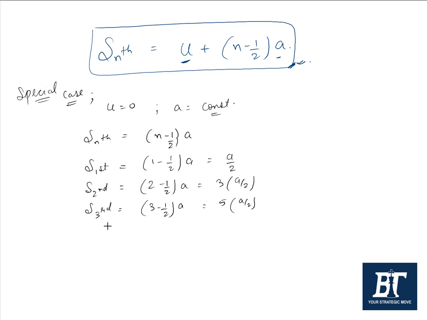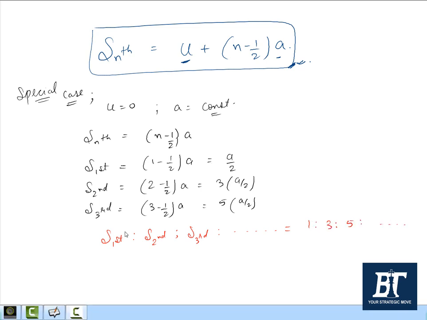So from this we can conclude that displacement traveled by this body in successive time intervals is in the ratio of odd numbers. Although we have proved this for a time interval of 1 second, this is valid for any regular time interval delta t.